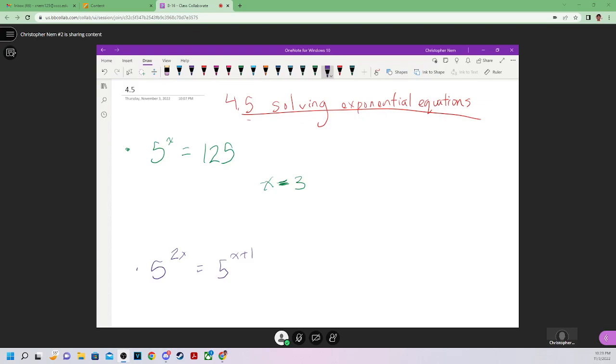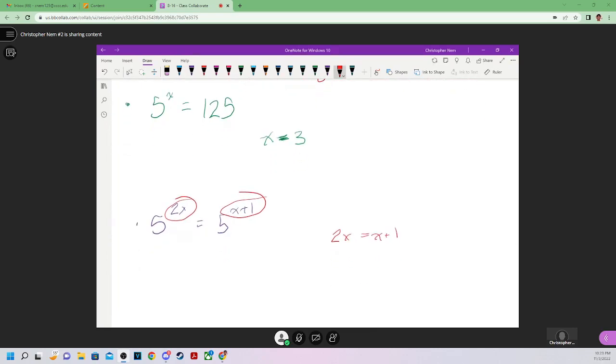So what are you really doing at the end of the day to solve for x? You're going to be setting this equal to this. The exponents have to be equal to each other. So why not set them equal to each other? 2x equals x plus 1. And then if I subtract x from both sides, I get x is equal to 1. You can verify these will work out if you plug it back into your exponential equations.